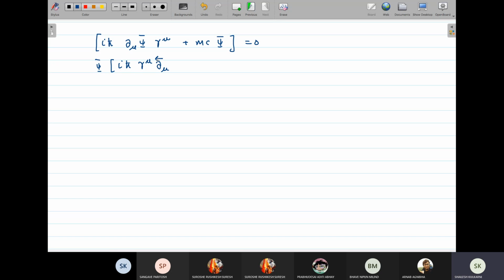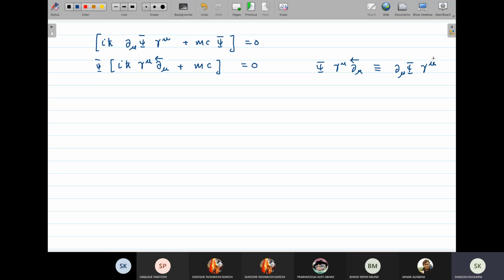The meaning of this arrow is that ∂_μ will act on this ψ̄ from the left, plus mc equal to 0. So ψ̄ γ^μ ∂_μ is nothing but ∂_μ ψ̄ γ^μ.